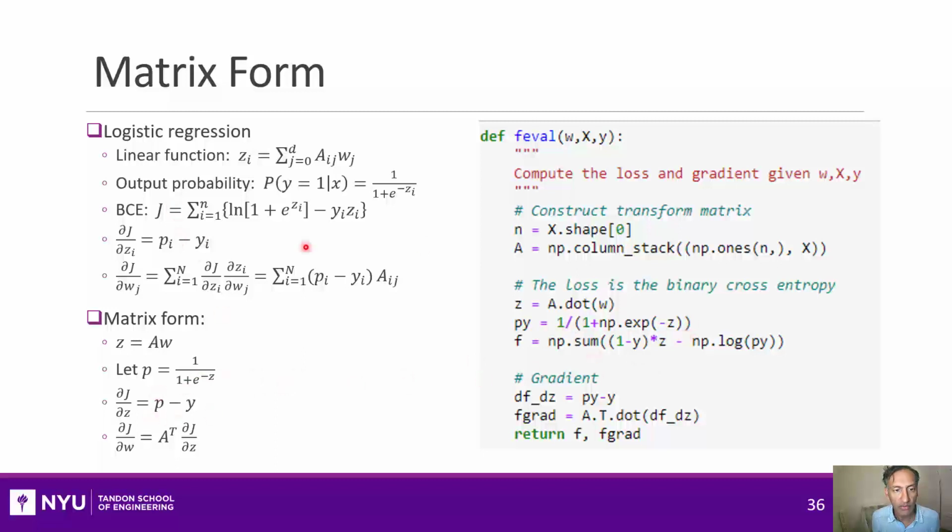I'm going to evaluate the function like this, and then I'm going to compute the gradient, which is p minus y, and then I'm going to compute that gradient, which is A transpose times that. Okay, so now we're done. We're going to dive in to actually coding up the gradient descent for this logistic regression problem in the Jupyter Notebook.